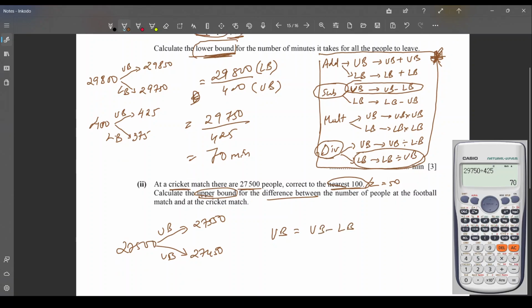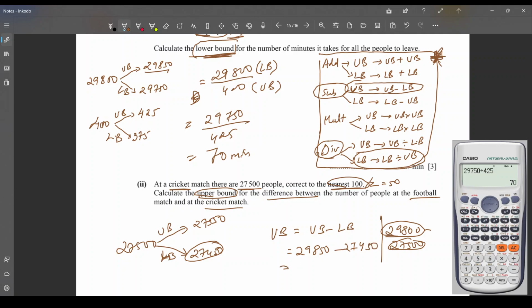Actually we should have subtracted football minus cricket, 29,800 minus 27,500, but we have to take the upper bound of 29,800, which is 29,850, minus the lower bound of this one, which is 27,450.